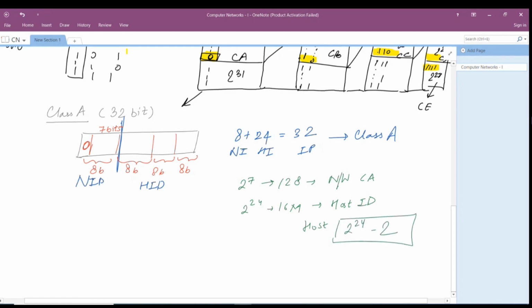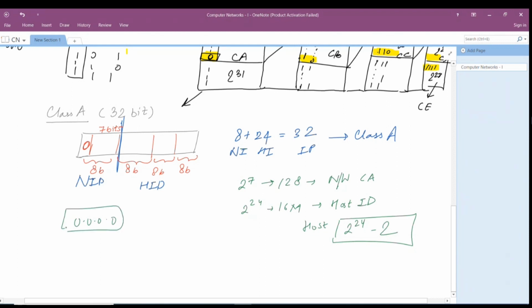This is a figure which you need to know, and this minus 2 happens for every class. We'll know why we are doing minus 2 in a later course, but you can understand, okay, if I have class A, I can have 2 to the power 24 or 16 million hosts. Minus 2 means there would be 2 IP addresses which will get wasted. Those 2 IP addresses are reserved IP addresses, which are, let's say, if I take 0, right?